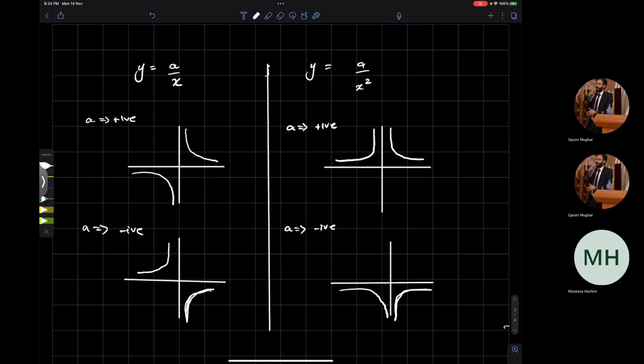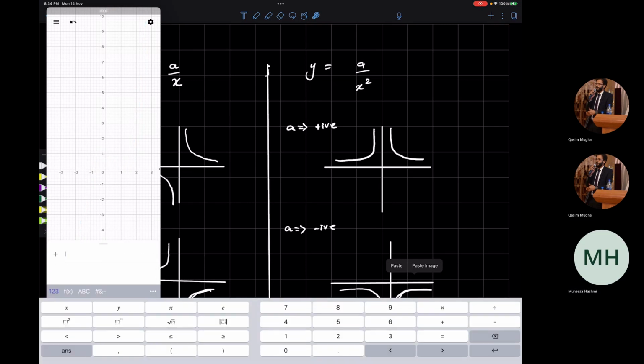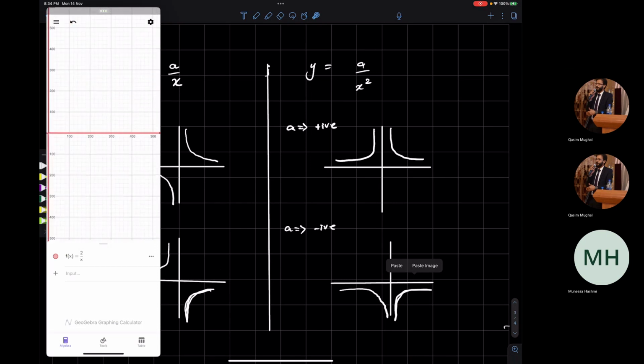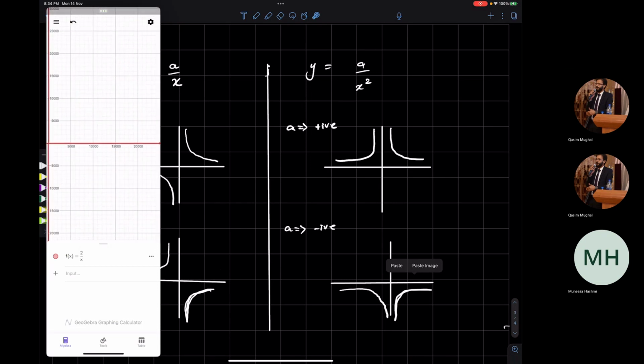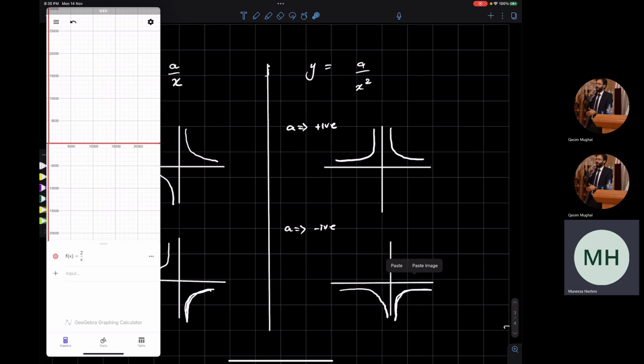Now there's a thing called asymptote. If I try drawing the graph of this one on a graphing calculator and show you, for example, let's just say we have 2 over x. If you look at this red line, even if I go to infinity and just pick any random point from there, see, I use the point tool.